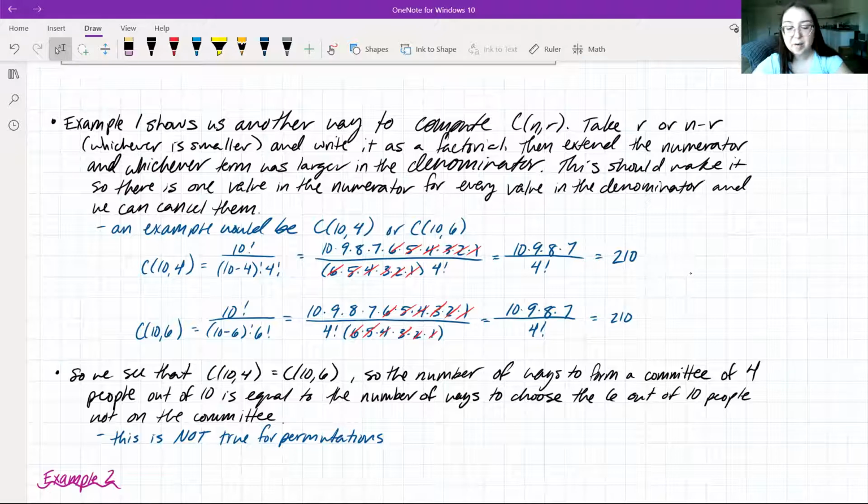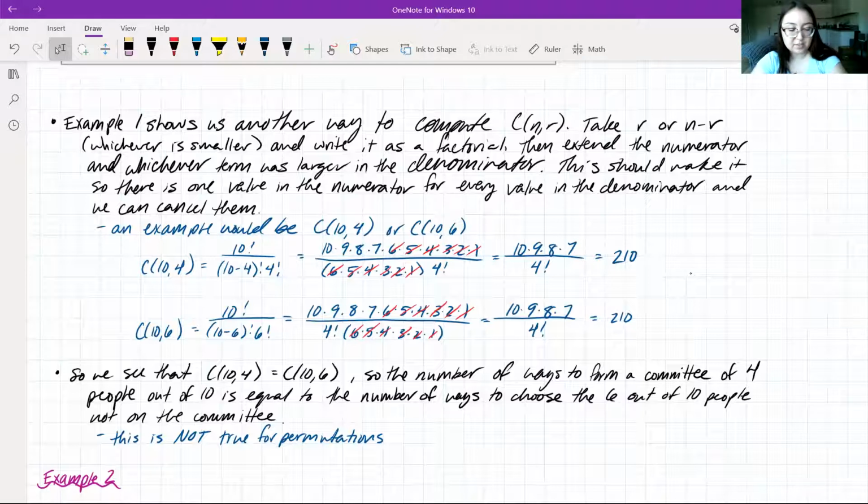When we write this out, we extend our 10 factorial, we extend our 6 factorial, and we leave our 4 factorial in the 4 exclamation point notation, but we're not going to extend it. Just like in our last problem, that's going to give us 10 times 9 times 8 times 7 divided by 4 factorial. Then we can just calculate this value.